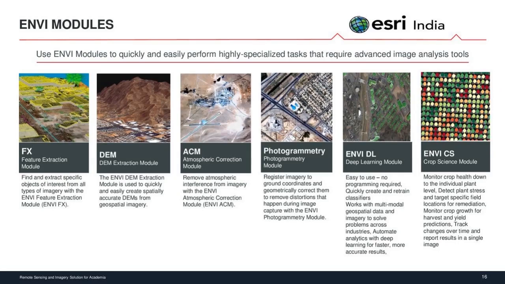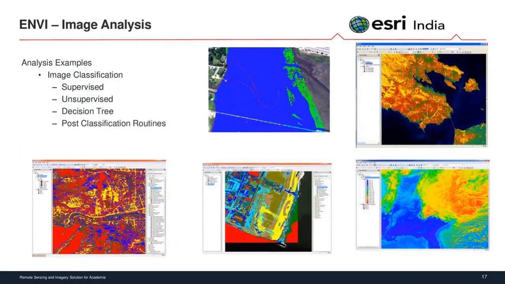Now coming on to image analysis, this part is the most widely used in the remote sensing domain, where we perform various classification techniques, supervised classification and unsupervised classification. ENVI supports supervised classification like SVM, SAM, maximum likelihood, neural net classification, and many others.